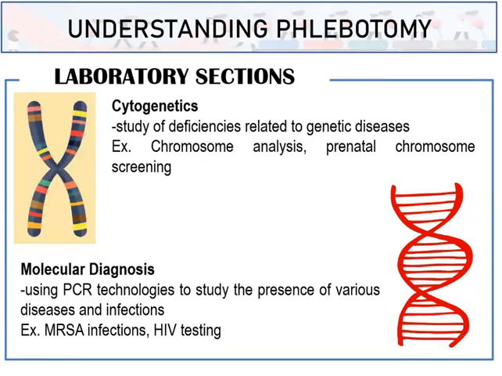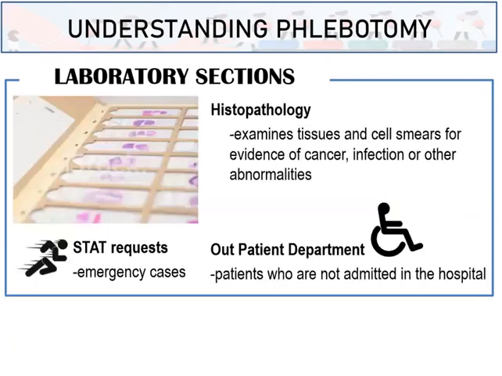Okay, next we have cytogenetics as well as molecular diagnosis. Not all laboratories have these types of advancements; only highly advanced laboratories perform these tests. And of course, histopathology. All parts of the body that were removed during operation will be sent to histopathology for further testing.